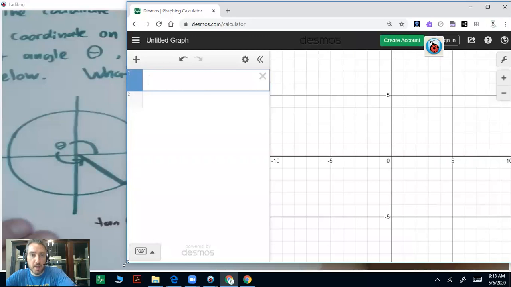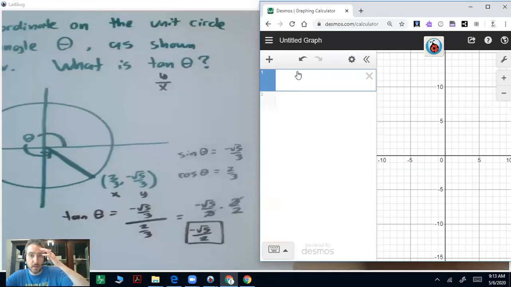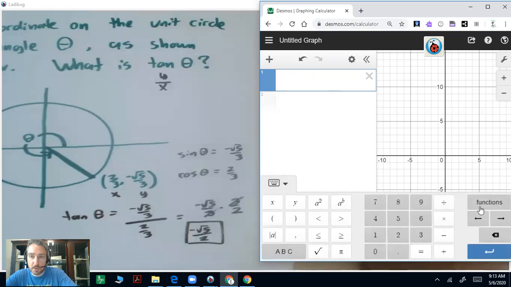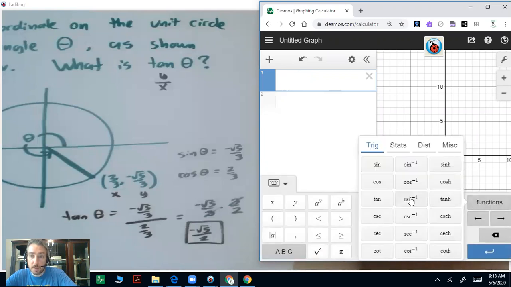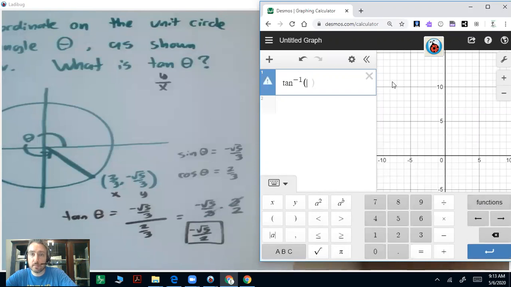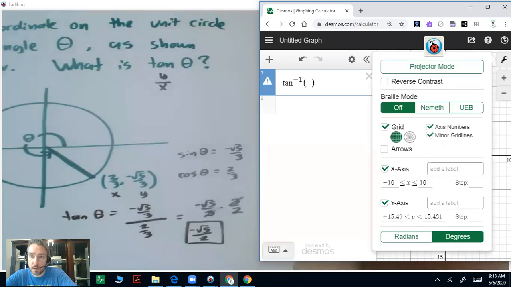All right, so we know that angle should be between 270 and 360. If I go into my keypad here in my functions and do an inverse tan, I want to make sure I'm in degrees because I want to know what the degree is. So I am in degrees.